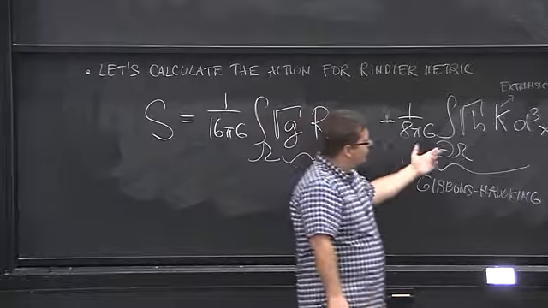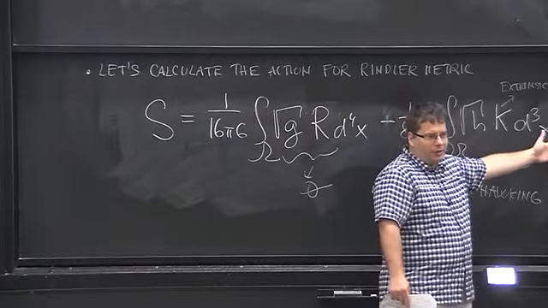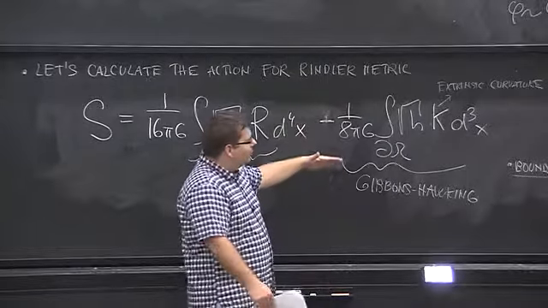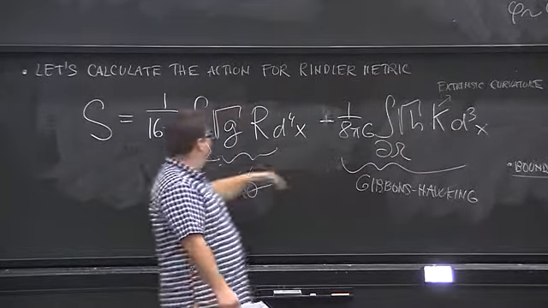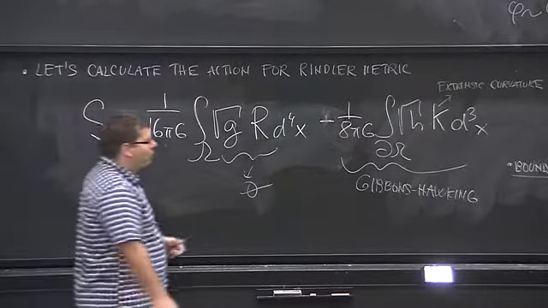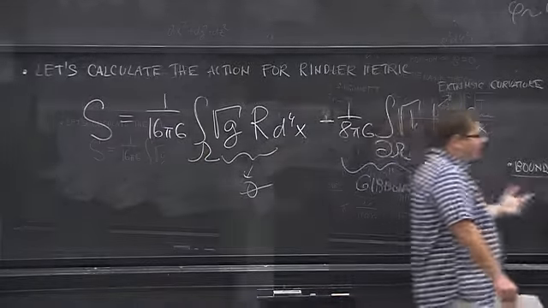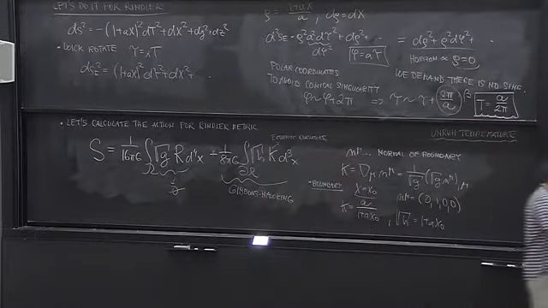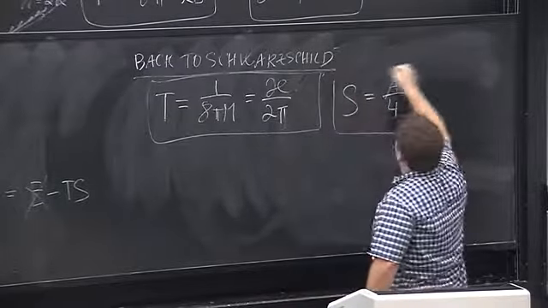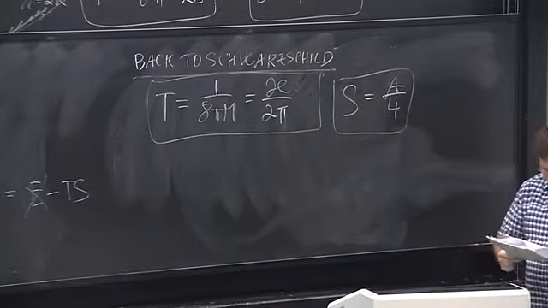That forces you to subtract some counterterm here. If you subtract that counterterm so that flat space has zero value of the action, and then use it for Schwarzschild spacetime, then you will get again that the entropy is A over 4. So entropy is A over 4 from that calculation as well.